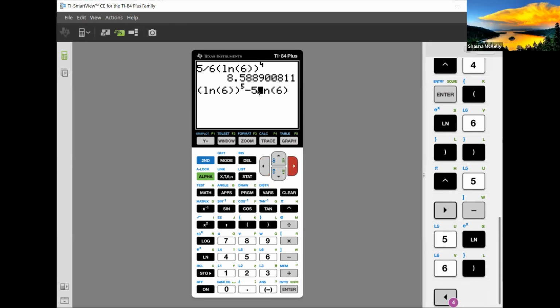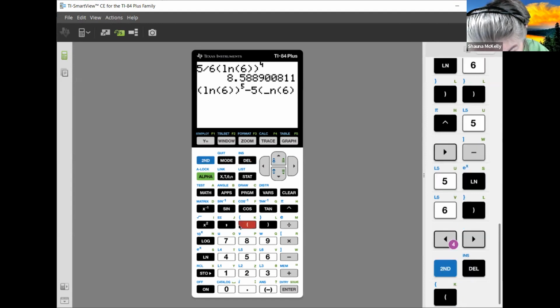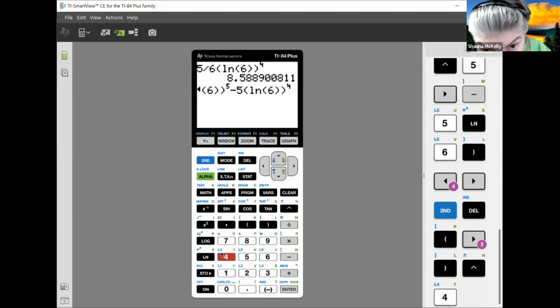I'm going to try and insert a, there it is, ln 6, and then I need a parenthesis there, and I need a 4. So it should look like this.